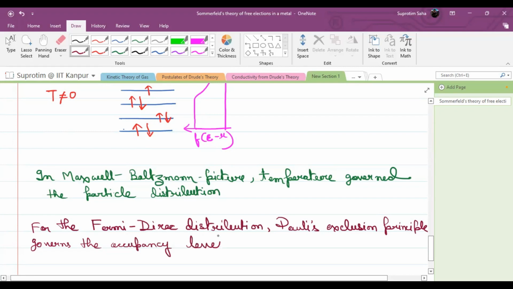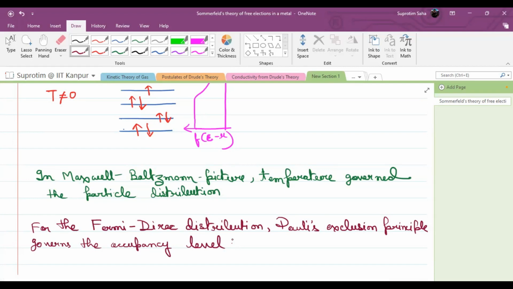This is the main diversion. In the Maxwell-Boltzmann case, temperature governs the particle distribution, but in this case, we have discrete energy levels, and Pauli's exclusion principle governs the occupancy.